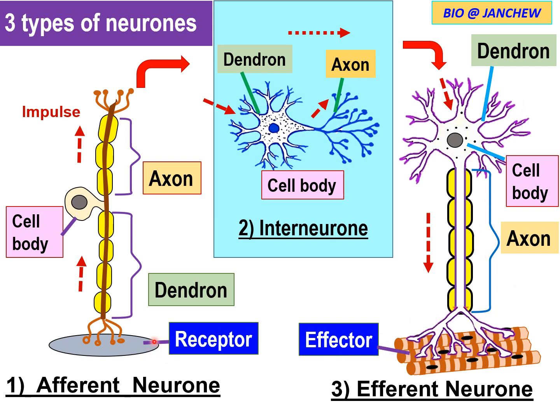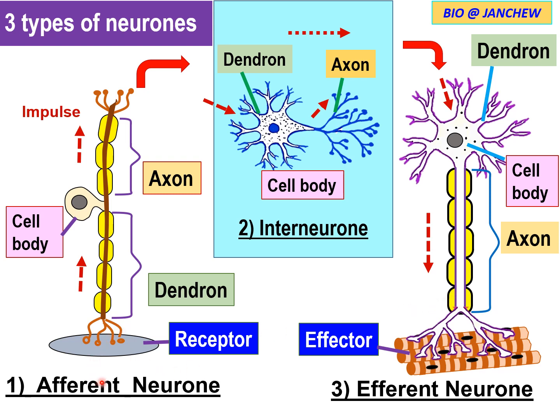Okay, so the receptor will detect the stimulus in the environment and then trigger a nerve impulse. And this impulse will then be transmitted by the afferent neuron to the central nervous system, like the spinal cord and the brain. The structure of the afferent neuron is very different from the efferent neuron, and you have to learn to identify the three types of neurons because their structures are different.